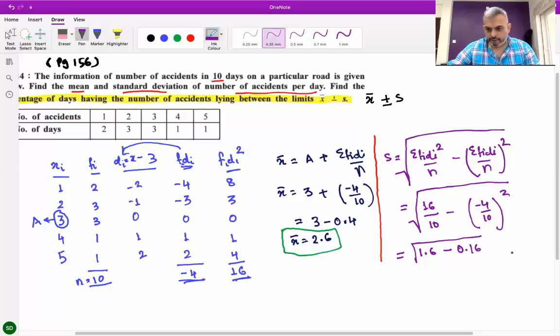So 1.44. Therefore standard deviation is the under root, 1.2.